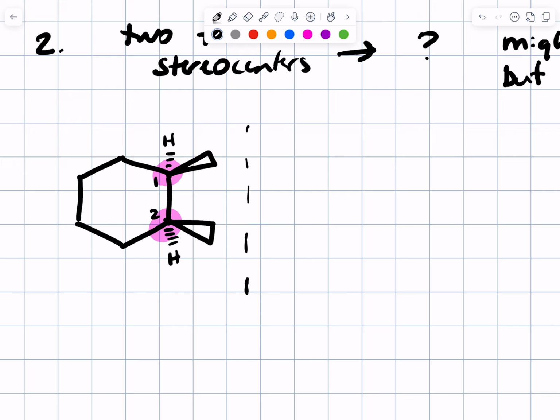Let's draw the mirror image. Now we're going to use our molecular claw. We're going to grab the molecule right here. The claw is coming down from above, and we're going to spin it around 180 degrees.